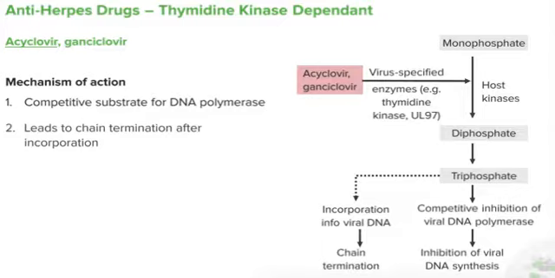They are competitive substrates for DNA polymerase, and they lead to chain termination after incorporation into the DNA because they are defective agents, because they cause a defect in the actual DNA. You are unable to continue production of the DNA chain itself. That's why we call it a chain termination.